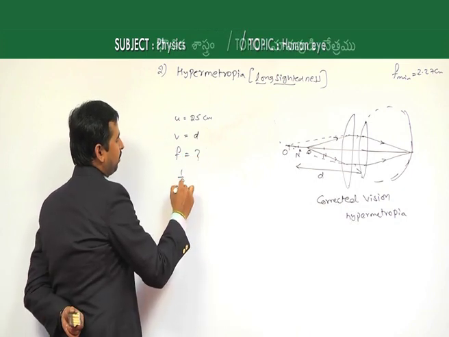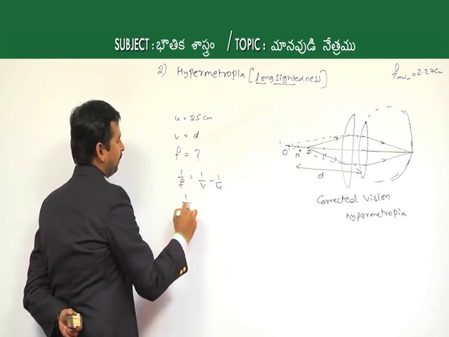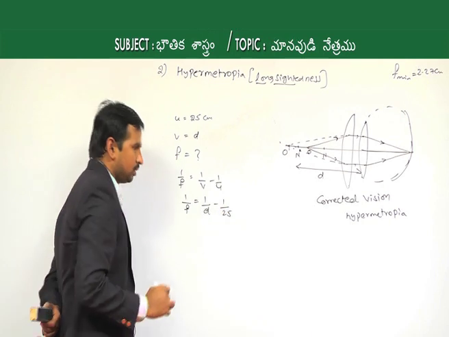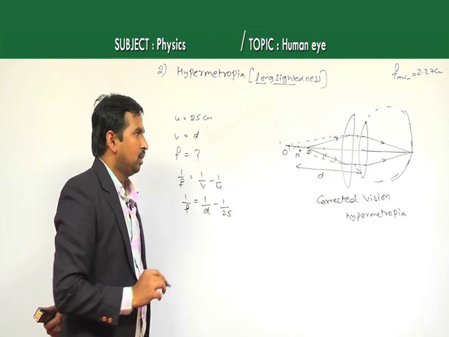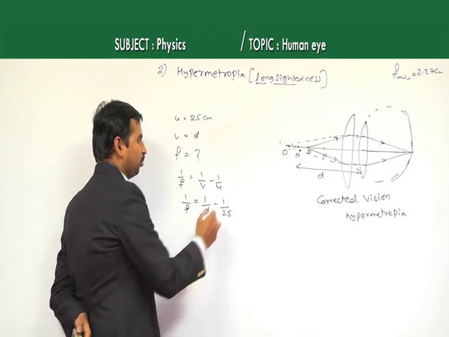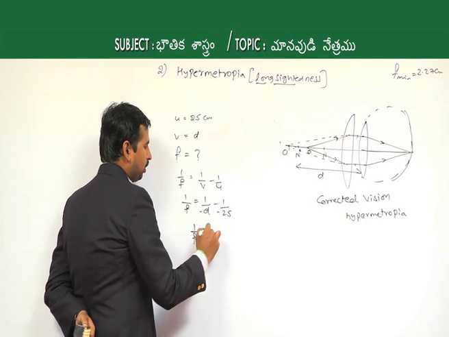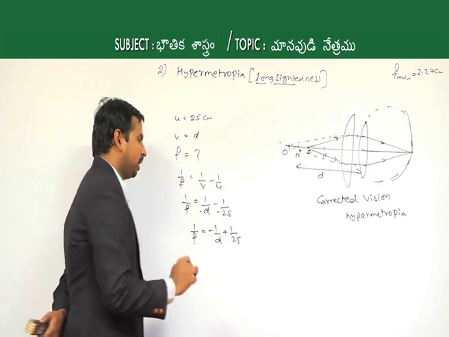Then again, 1 by f is equal to 1 by v minus 1 by u, so 1 by f is, v is d, and u is 25. Then if you apply the sign convention, in this case object and image are both on the same side, so we have to take both as minus. Then 1 by f is equal to minus 1 by d, minus of minus becomes plus 1 by 25.